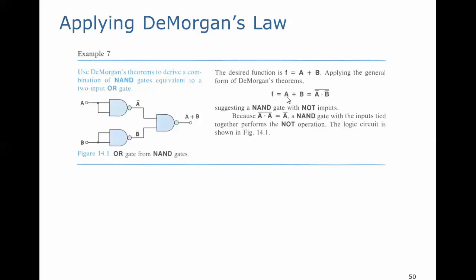So we're going to invert A and B. We're going to then change the ORing to the ANDing, and then we have to invert that operation result as well.